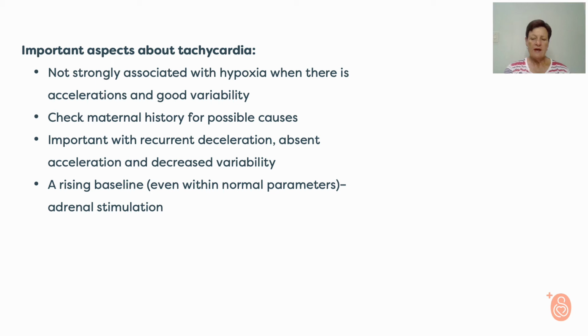So when we have tachycardia and there are good accelerations and good variability, we have to assess it very carefully, and monitor it very carefully, but it might be a normal CTG.